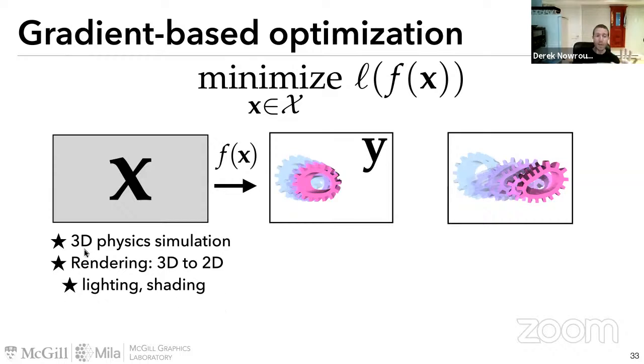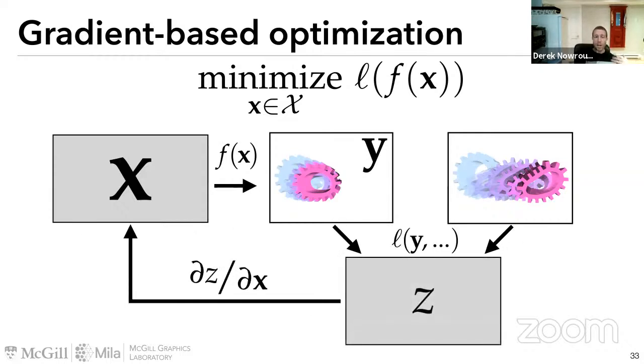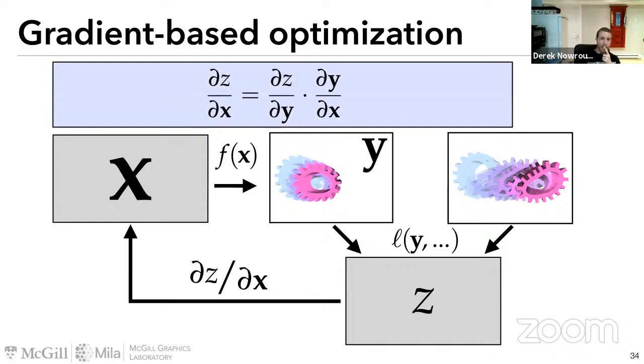The key is we have the full 3D physics simulation in the loop, which includes lighting, shading, deformation, animation, and the laws of motion. We compute a loss, and then use that loss to update our guess on what the real world state is. So this is very compositional, and it has a lot of moving parts.